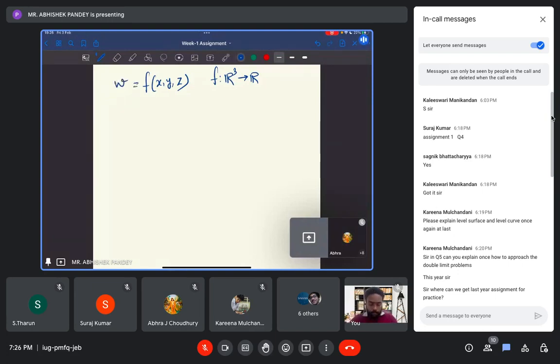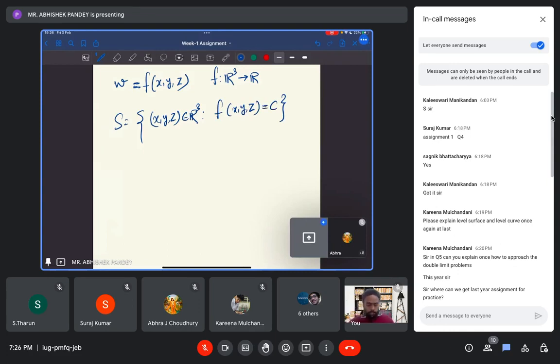So drawing this function is not possible, but what we need to do is fix f(x, y, z) equal to c, I mean the collection S of (x, y, z) belonging to R3 such that f(x, y, z) is equal to some constant c.